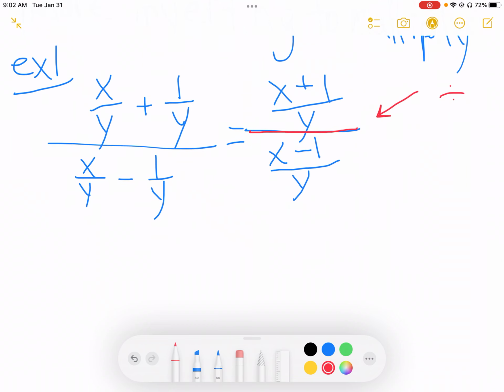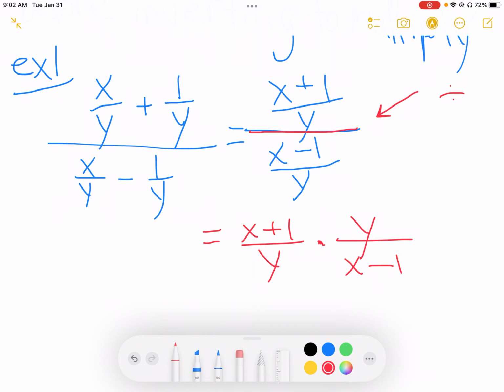So I can say this is x plus 1 over y, multiplied by this reciprocal right here, which is y over x minus 1.